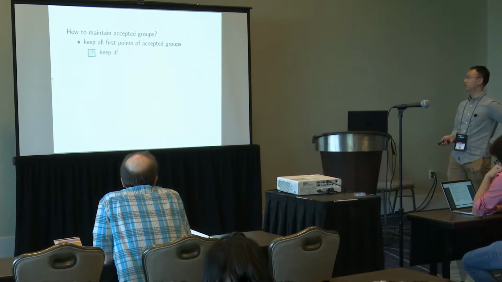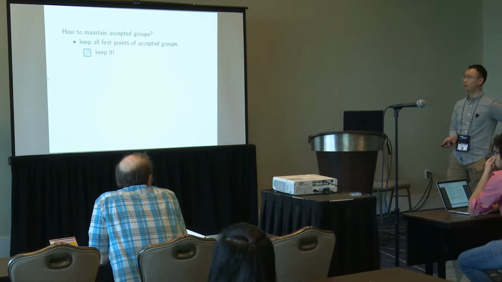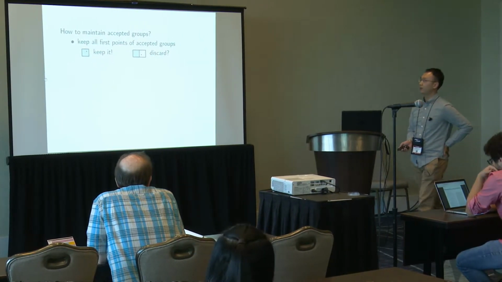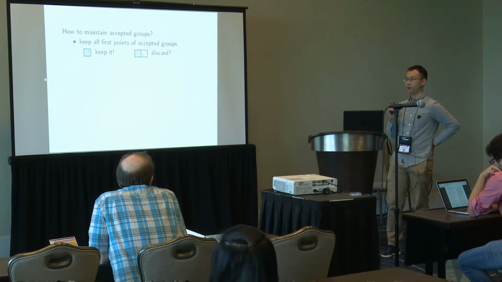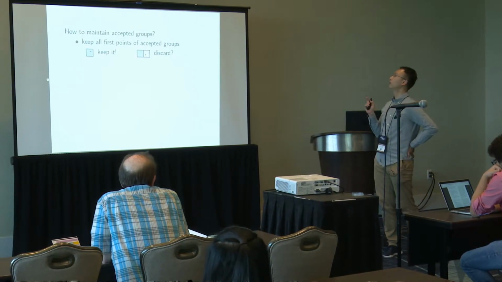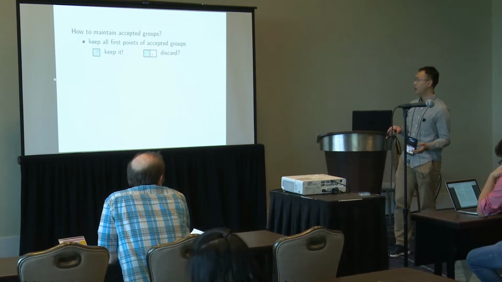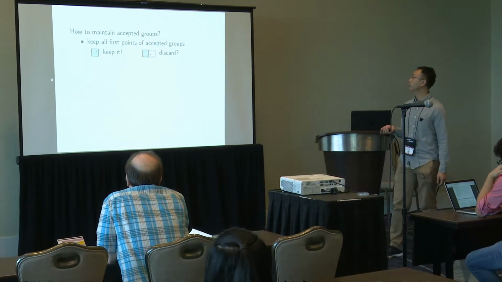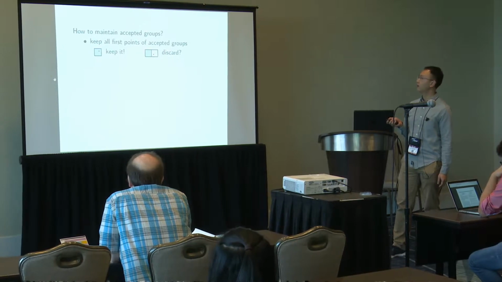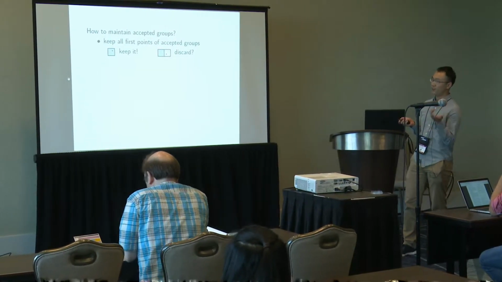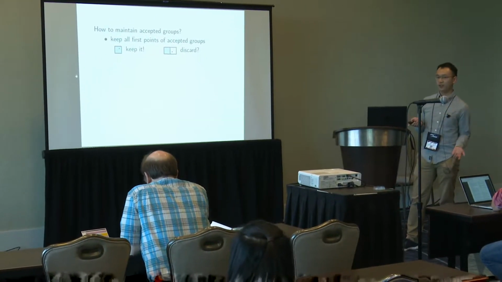Now let's get to the question, so how can we maintain the accepted point? For a data point which falls into a sample cell, we for sure just keep it. But what if a data point falls into a cell which is near a sample cell? Shall we discard it?